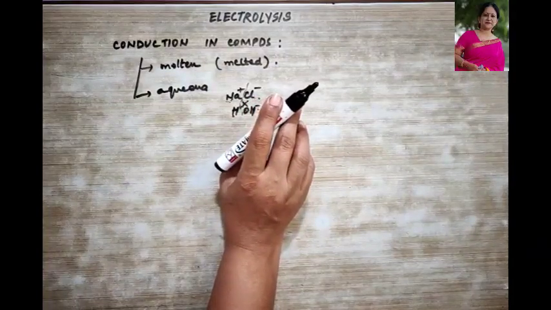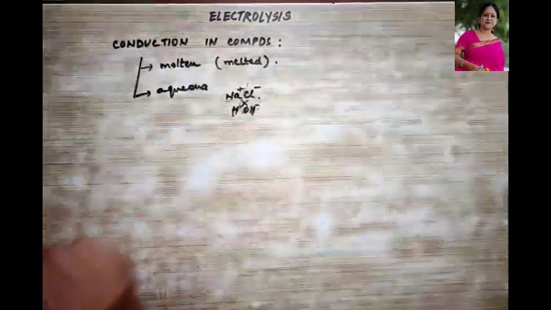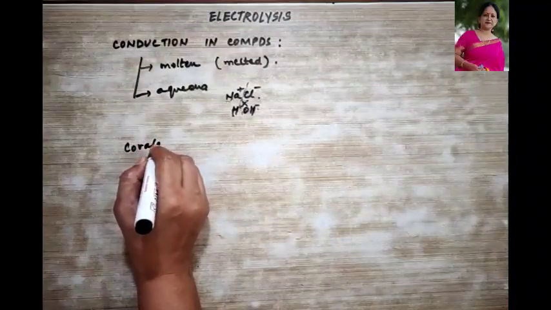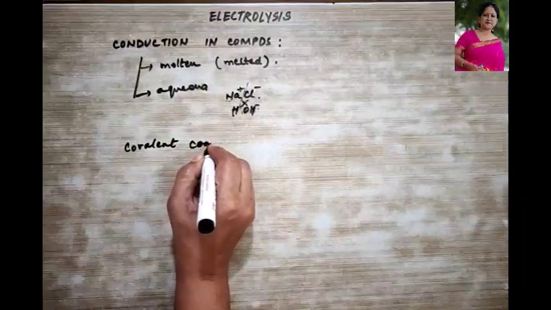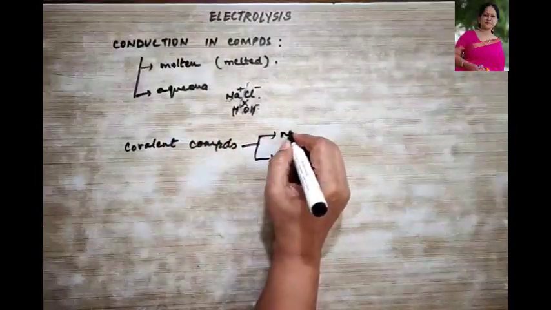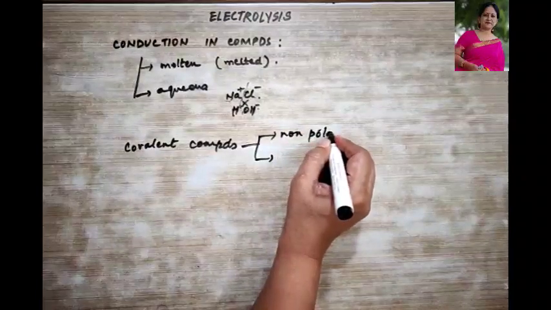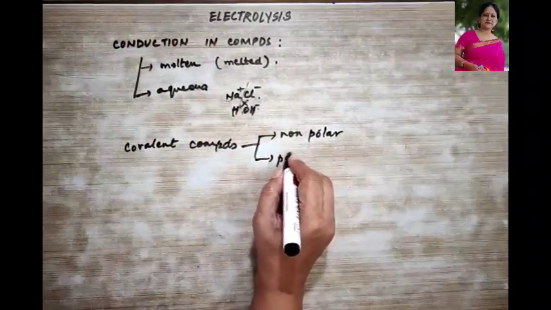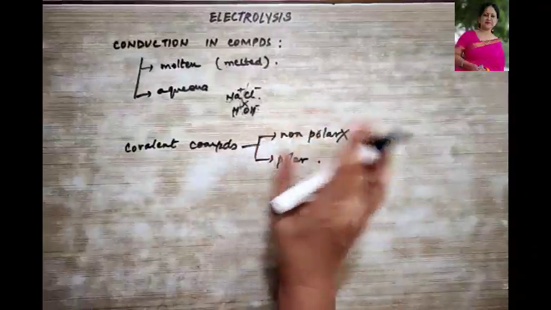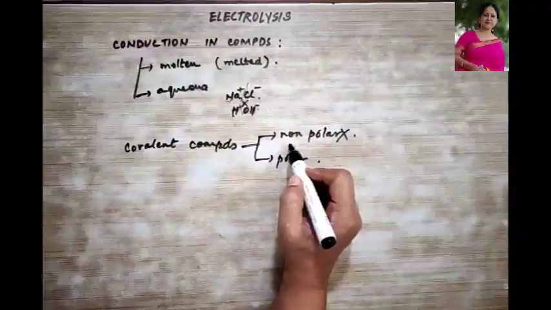Then what do we know about covalent compounds? Covalent compounds, remember, are of two types. What are they? One is non-polar covalent compounds and one is polar covalent compounds. The non-polar covalent compounds will definitely not allow electricity to pass through. Why?